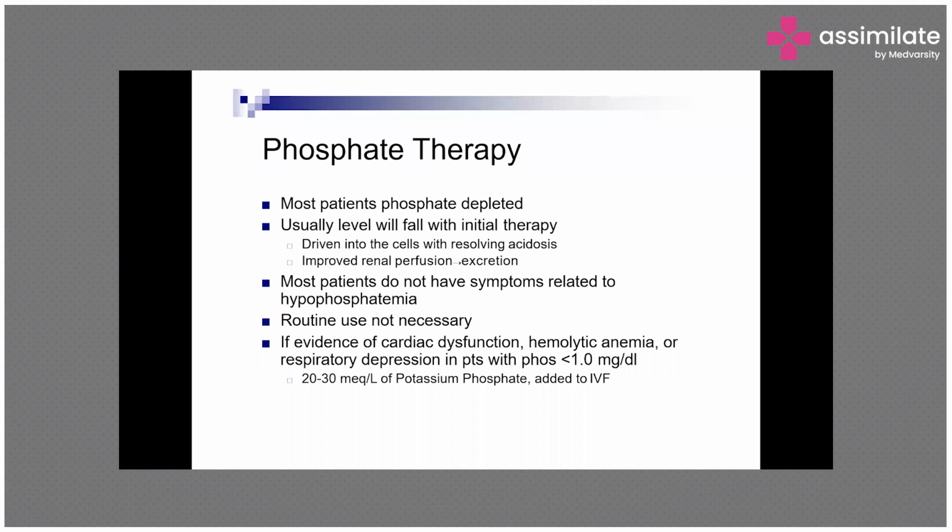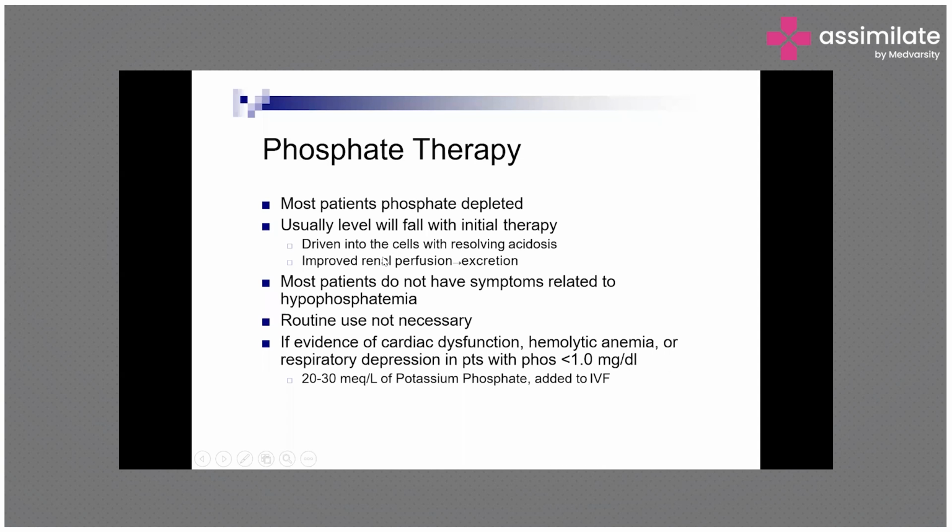So how do we treat phosphate deficiency? Most patients who have phosphate deficiency, we need to have a symptomatic treatment. Once the insulin therapy is ongoing, the phosphate levels also go inside the cells.